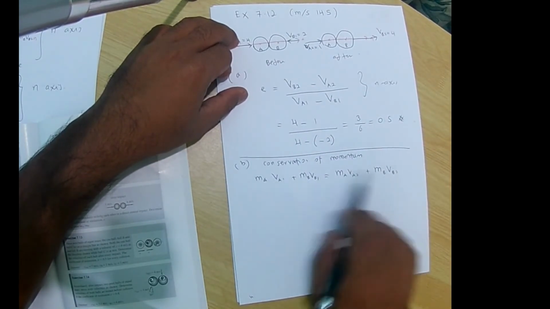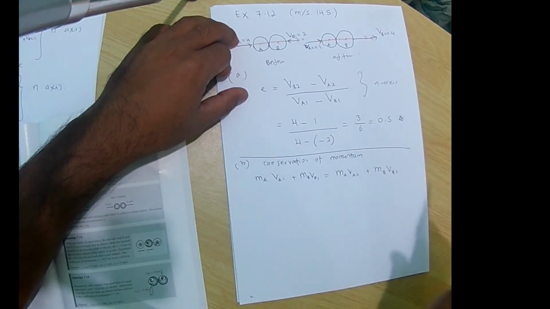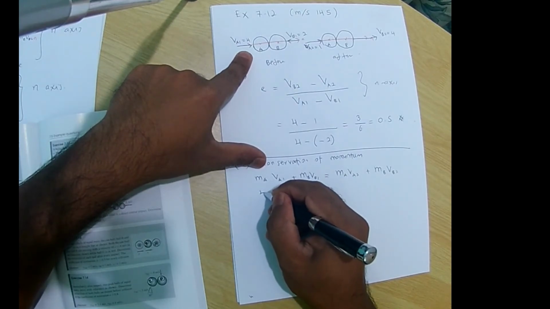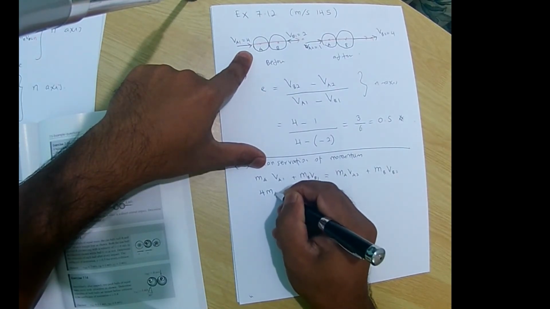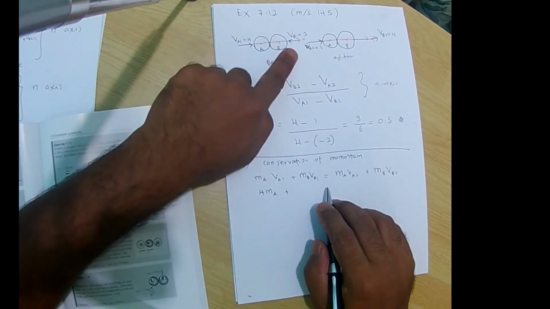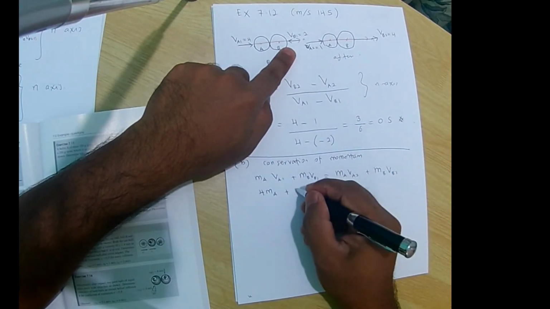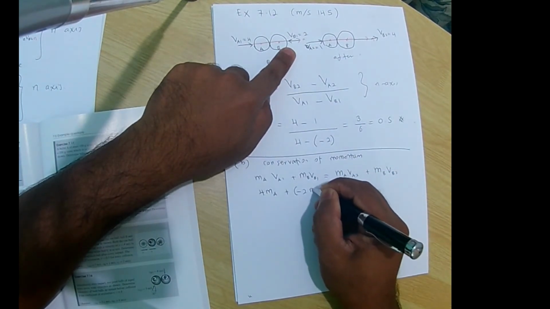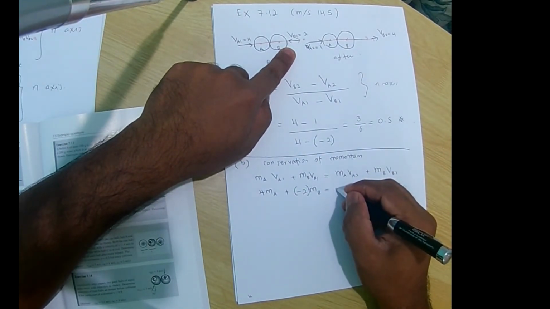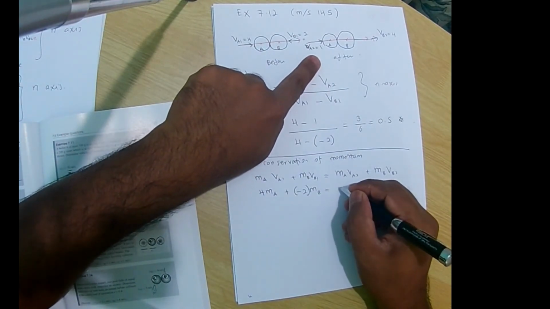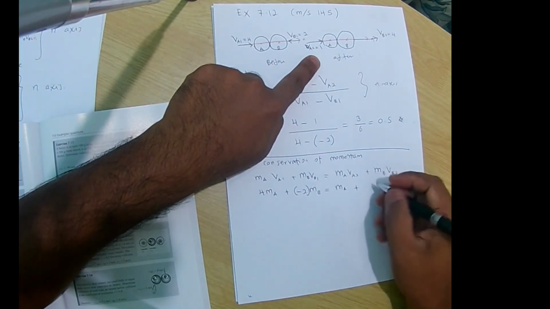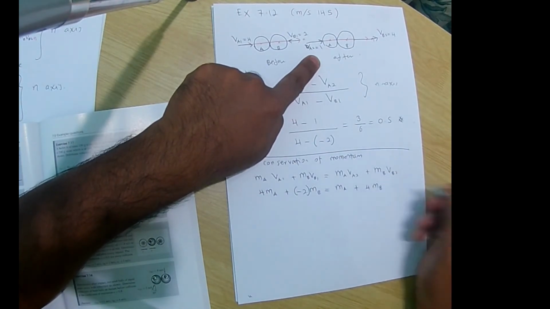So we have MA here, MB here, so we can make a ratio from here. Just put the known velocity here. VA1 is 4, so 4 MA plus MB, opposite direction, so minus 2 MB, equal to MA, and VA2 is 1, so 1 MA, plus MB VB2 is 4 MB.